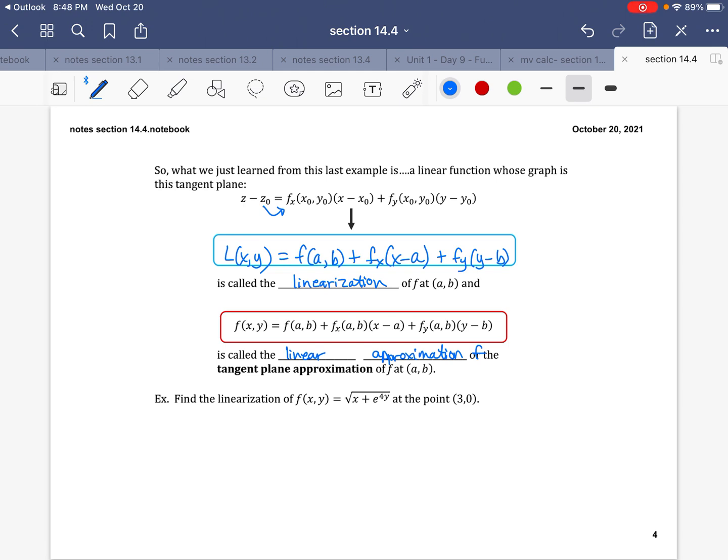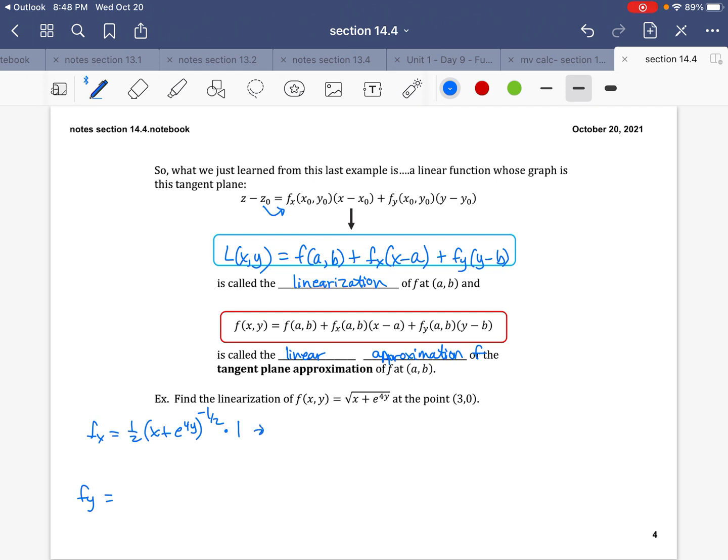So to do this linearization, I need fx and fy. So when I do fx, I have a 1/2 power, so a square root, so I have 1/2. I put the center back, x plus e to the 4y, and then take 1 away, so minus 1/2. Then I'm multiplying by the derivative of the inside part with respect to x. So the derivative of that x right there is 1.